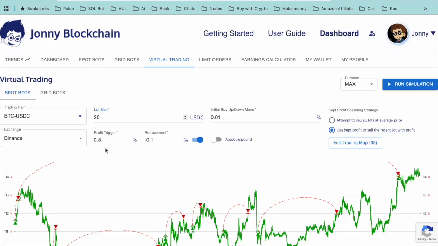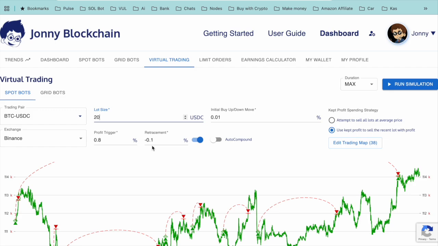Here, we've got the take profit. So if your bot buys in the market right now, the price has got to go up by, in this case, 0.8%, which will trigger the robot to look to take the profits. And then it's got a retracement. Basically, it's got to go up to 0.8 and then come down by 0.1% before the bot takes profit.